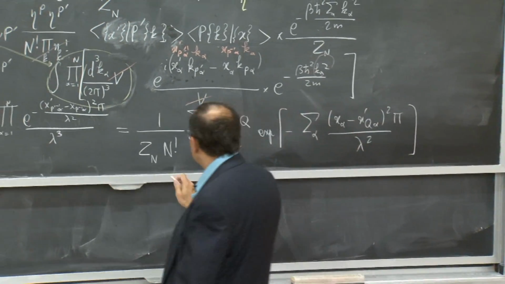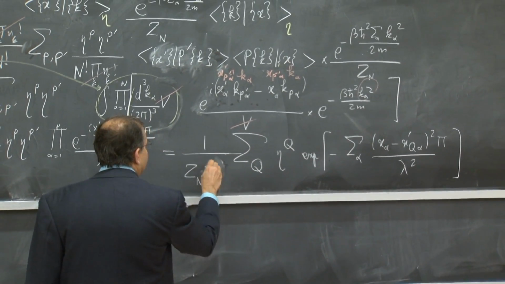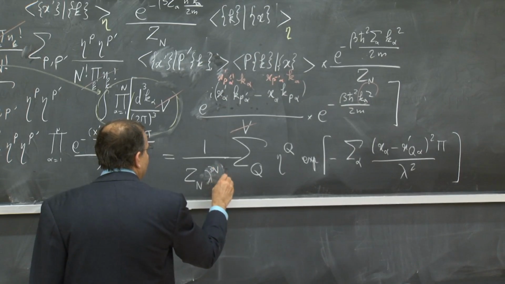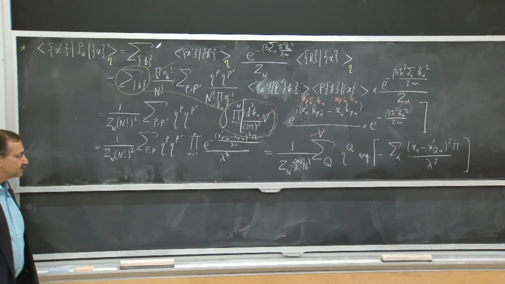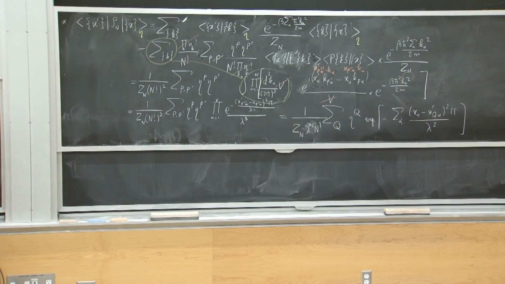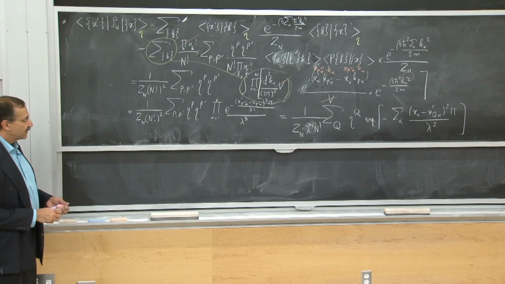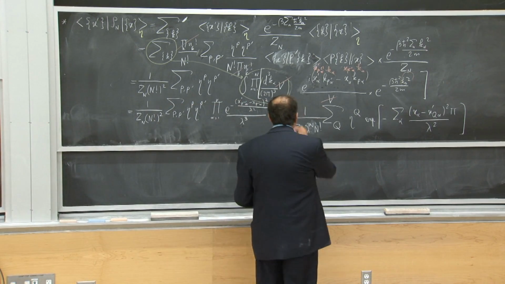And I think I forgot a factor of lambda to the 3n. This factor of lambda 3. Okay? So this is actually the final result.